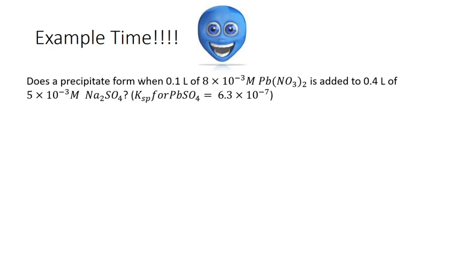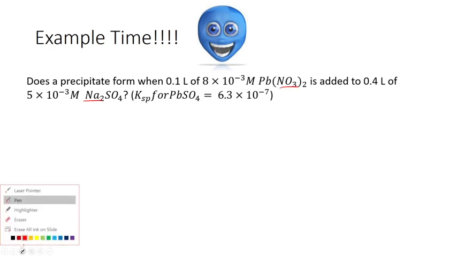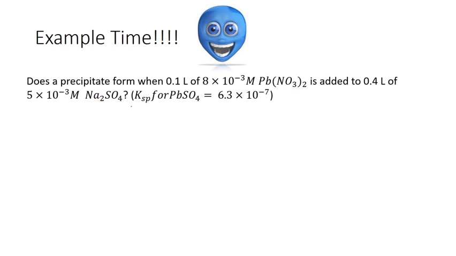We're not concerned about the Ksp for sodium nitrate because, as you know from the solubility rules that you have memorized, column 1 metals and nitrates are pretty much always soluble. So we're only concerned with lead and sulfate. So this is the dissolution reaction.